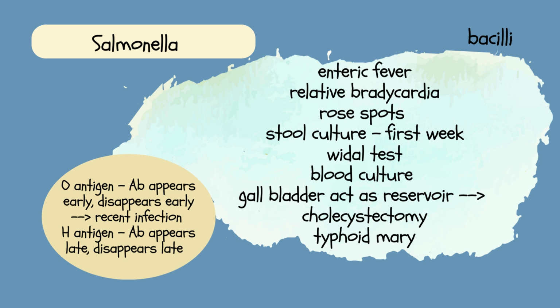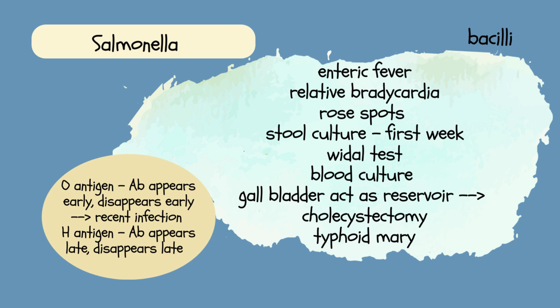And you may have heard of Typhoid Mary. She was a chronic carrier. She was a cook, and she transmitted the disease to so many people because she was a silent carrier. So there is a situation where typhoid can be chronically carried. Especially the gallbladder acts as a reservoir, and reinfection also can happen. In that case, you need to go for a cholecystectomy.